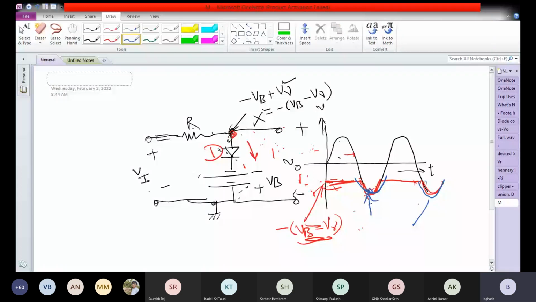Diode D is off because the input voltage has fallen and become lower than minus Vb minus V gamma, and in the horizontal portion here, the diode is on.